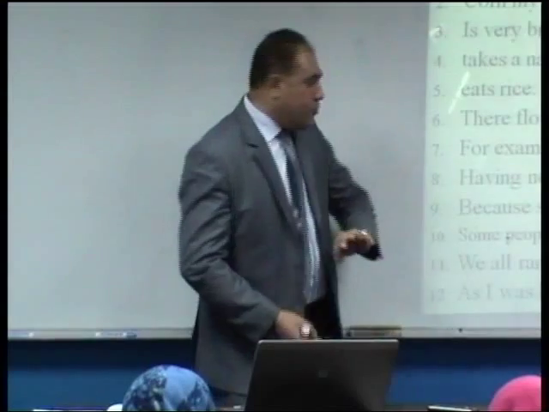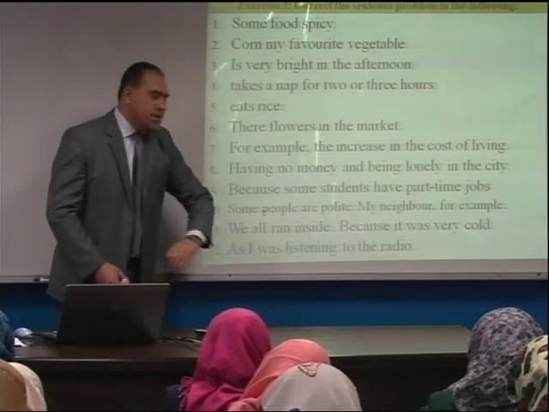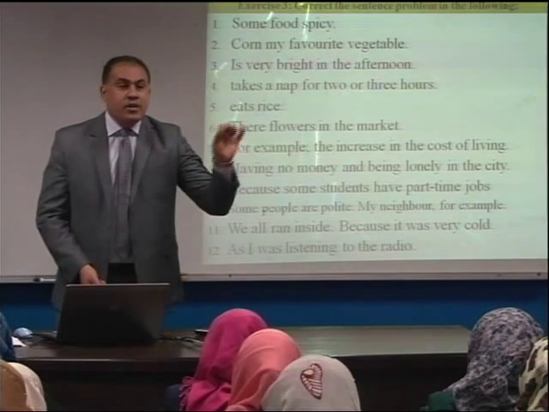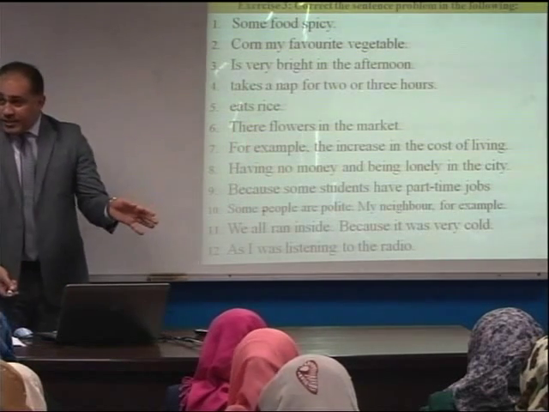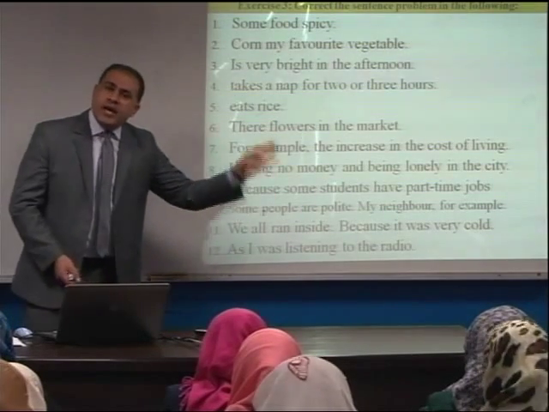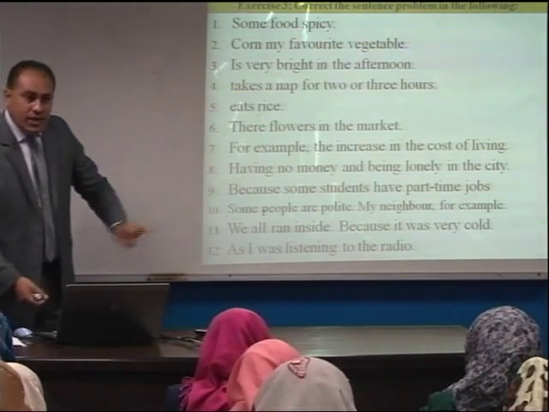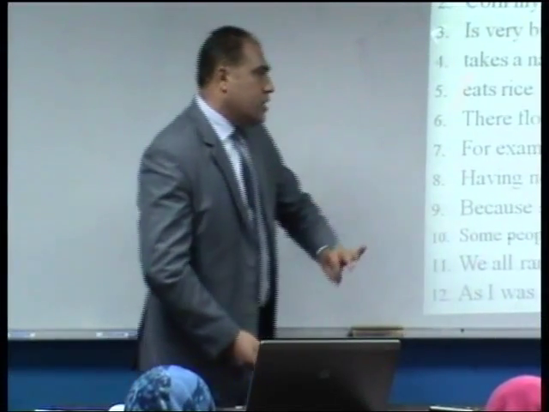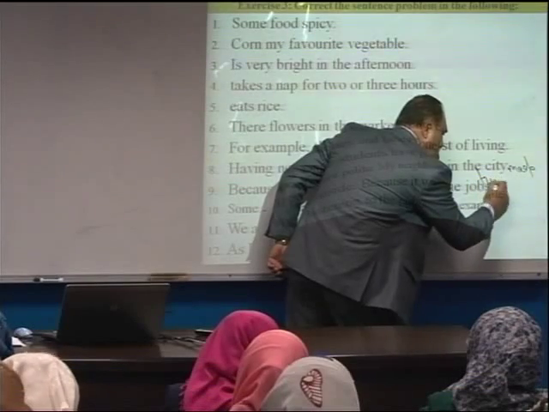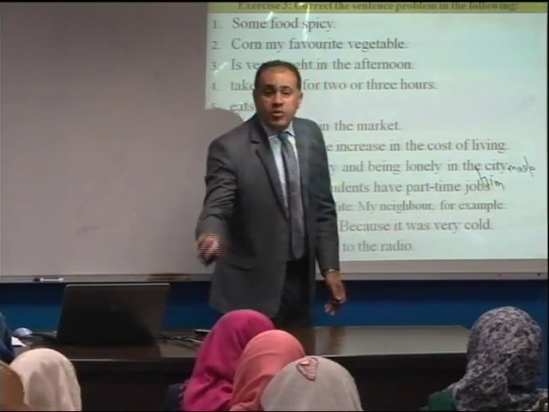Alright, so let's see number 8 again: "Having no money and being lonely in the city." Clearly it is not a sentence. How can we fix it? Again, she is having no money and is lonely in the city. Or we can say, having no money and being lonely in the city made him depressed.